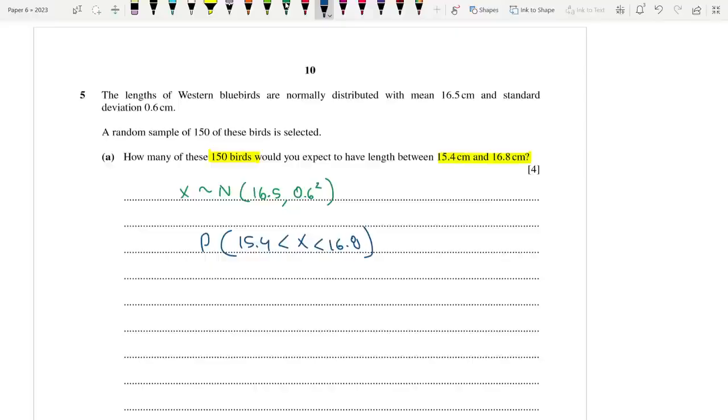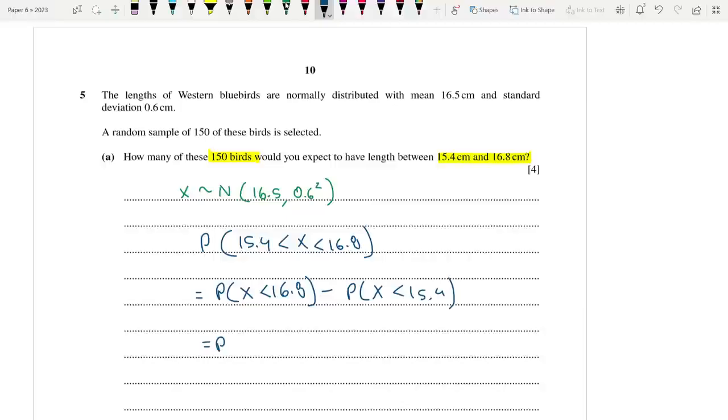Let's break it down first, I prefer breaking it down. It's equal to P(X less than 16.8) minus P(X less than 15.4). This is the formula for the sums where you have X in between. Now we have to standardize it.